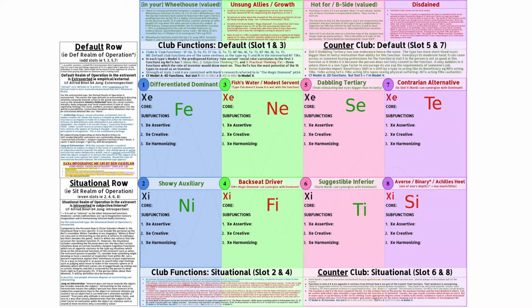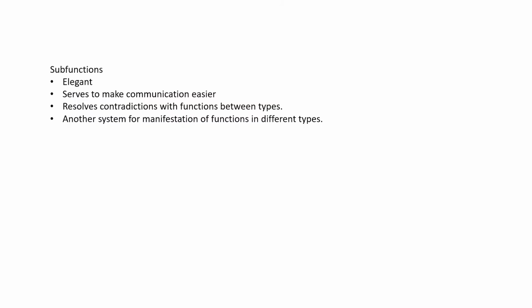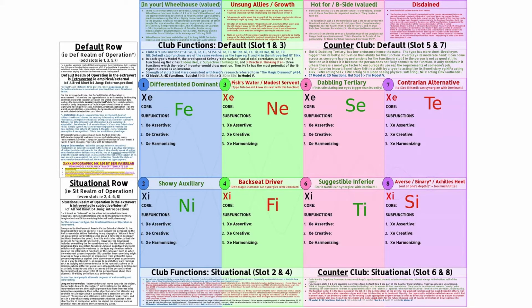I don't know if that's a really Ni explanation of cognitive functions, but really what I'm getting at is that the subfunctions allow for, how to put it, it resolves those contradictions. You can say Fe here and Fe here. It's both Fe, but it's being used in different ways. That's kind of what I have to say about that for now. Not particularly eloquent, but good enough.